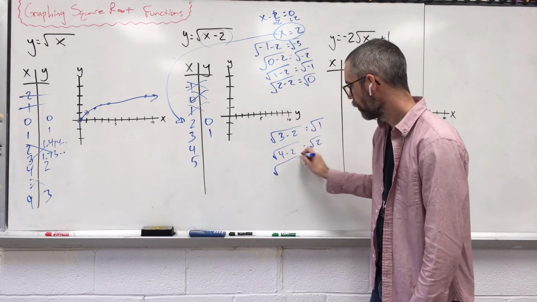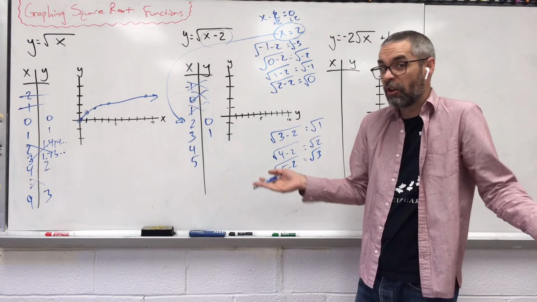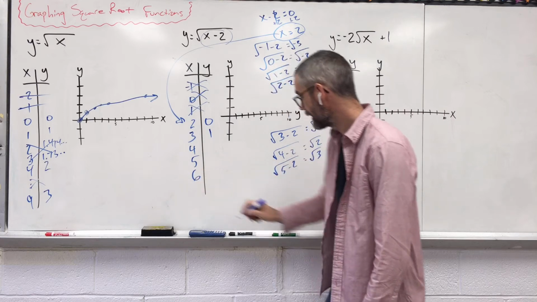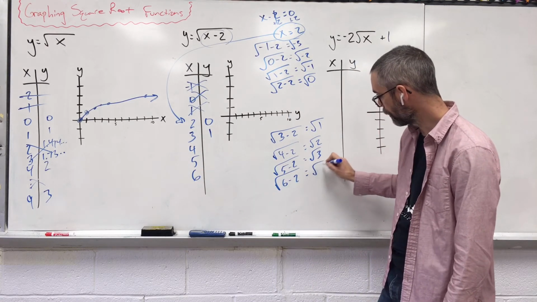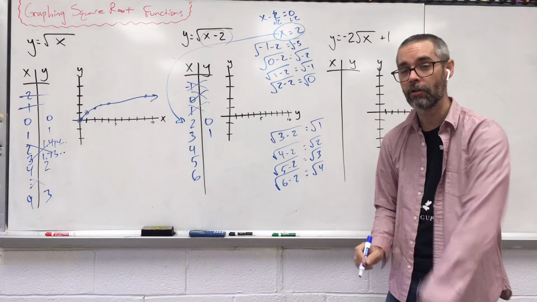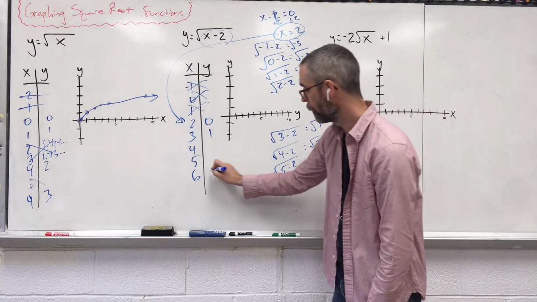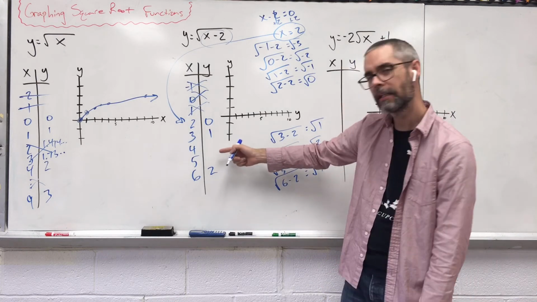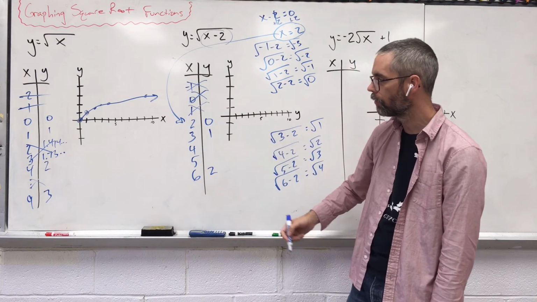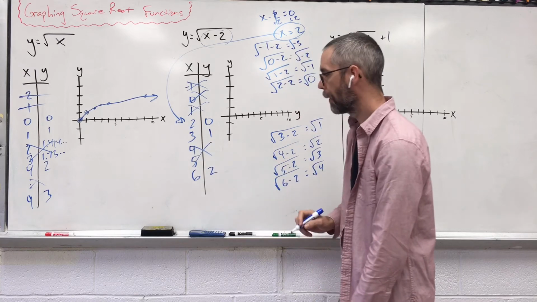Put the 5 in. Square root of 5 minus 2 gives me square root of 3. I don't know what it is. Who cares? 6. 6 minus 2 under that square root now gives me square root of 4. That I can do. 4 is a perfect square. What times itself gives you 4? 2. So when I plug a 6 in, I get a 2. And that means 4 and 5 here, it's going to be something between 1 and 2, kind of like we did over here, 1.4, 1.7. But I don't need them.